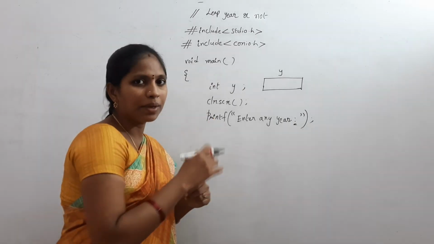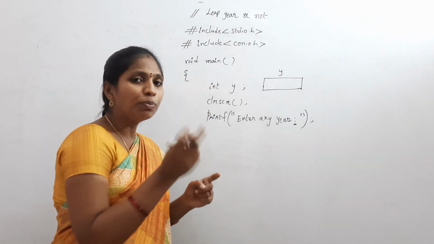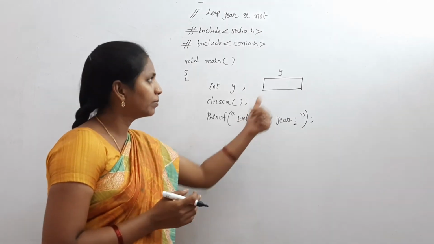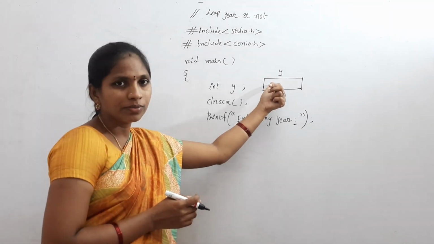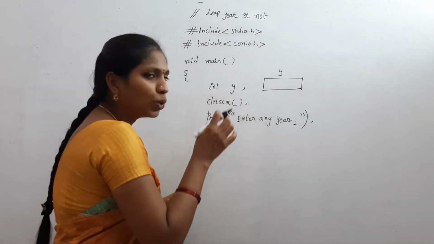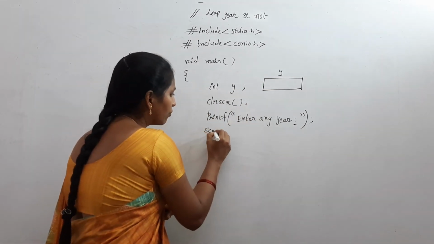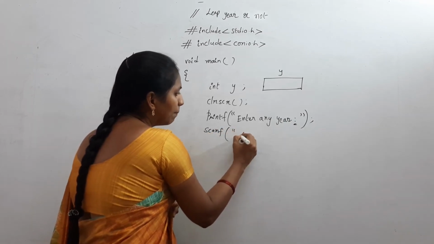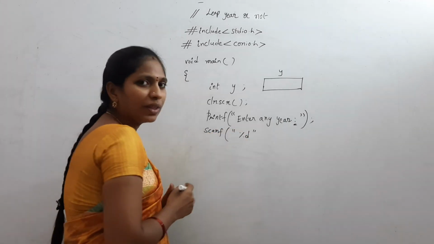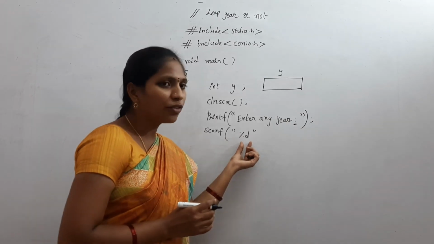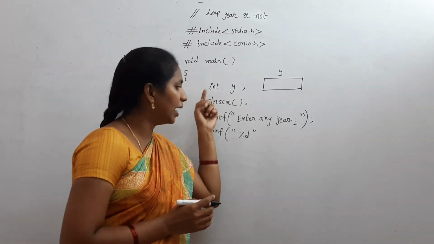Okay, I entered some year. That year should be placed in which memory location? This memory location. What is the name? y. To read the input from the keyboard, the function is scanf. Scanf %d: within double quotations, write the format specifier of the data type.